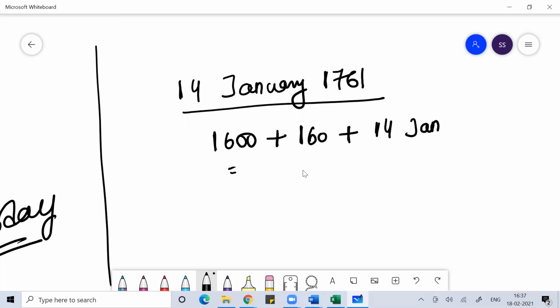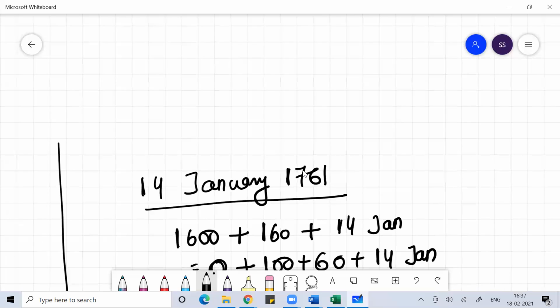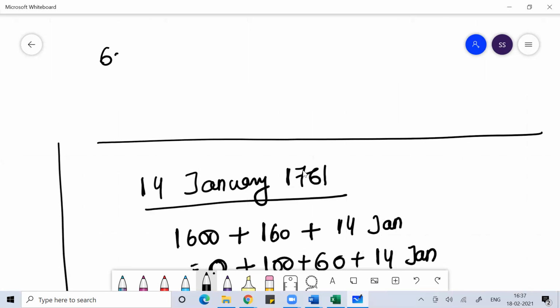So this is 0. 160 year, you can write 100 plus 60 plus 14 January. 100 year means 5 odd day. 60 year means how many odd day? After 4 year leap year comes. In 60 year, how many leap year will come? 15 leap year, plus 45 normal year.